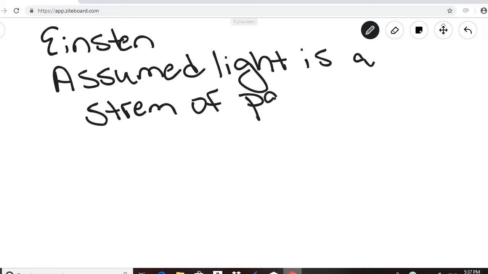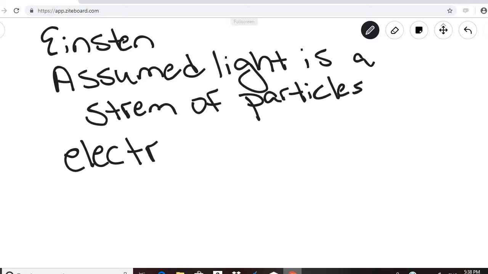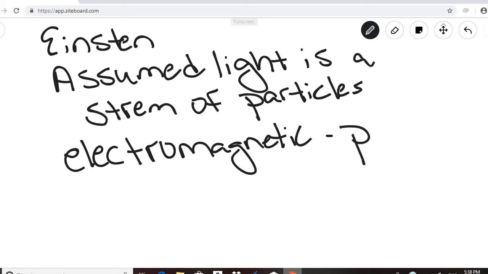He thought that these particles come in little bundles. He agreed that they're electromagnetic, and that they come in these bundles that he called photons.